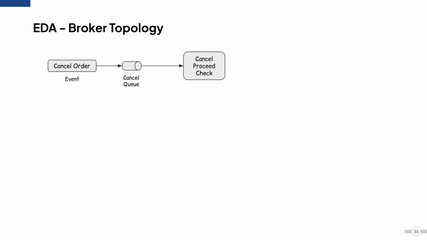You have a cancel order queue, cancel proceed check goes on, and when that goes on, let's say cancel proceed check is a particular process. It's not a queue or anything. So the cancel proceed check processor takes from the cancellation queue, it checks, and if it's successful, it just publishes the event to the cancel order topic and at the same time to the notification topic.